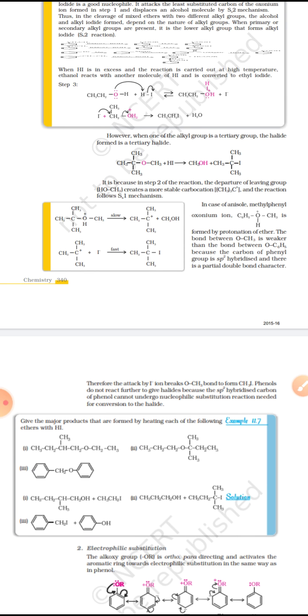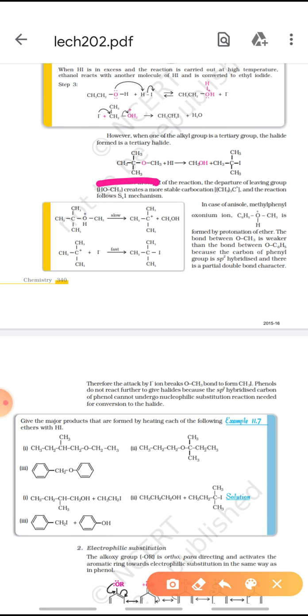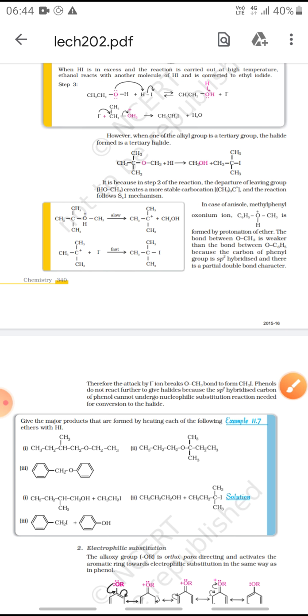Now children, see, suppose one of the alkyl groups here is tertiary and the other one is primary. Then which one of the two bonds will break easily? This C-O bond will break or this C-O bond will break. It depends upon the plus I effect of CH3.